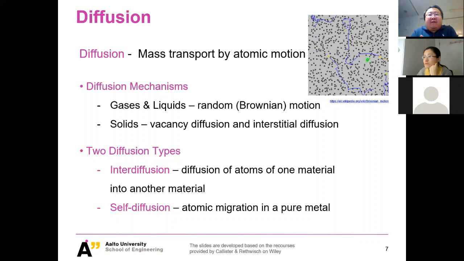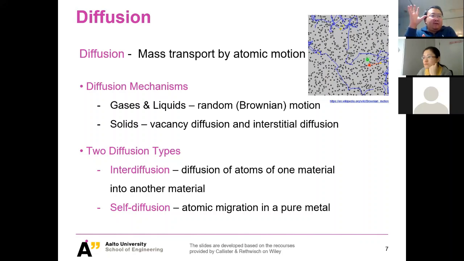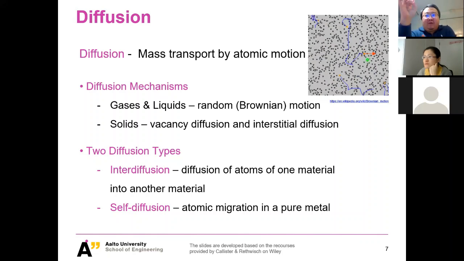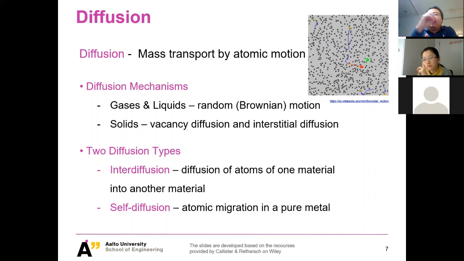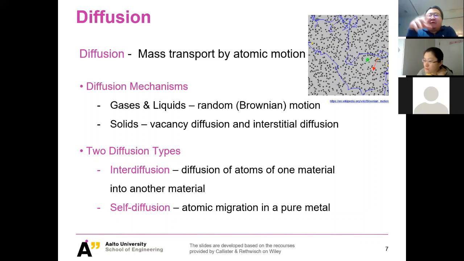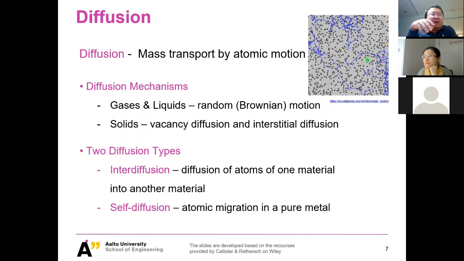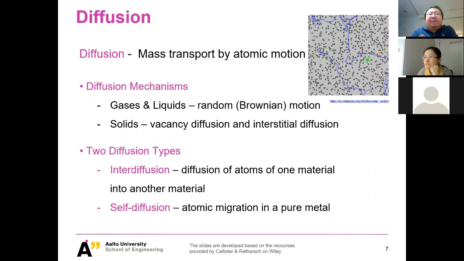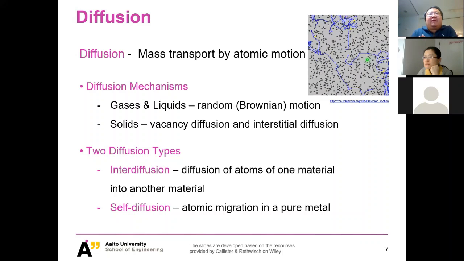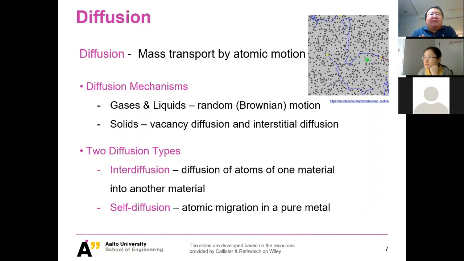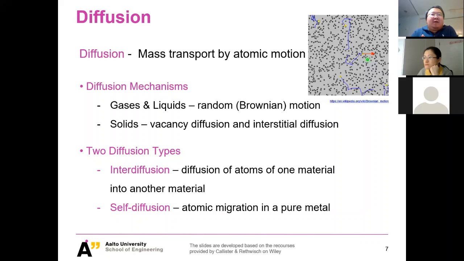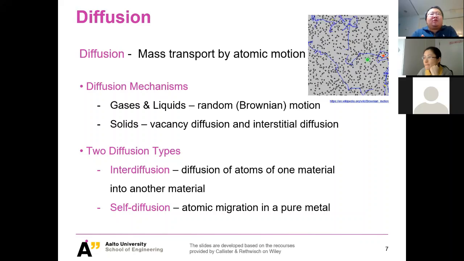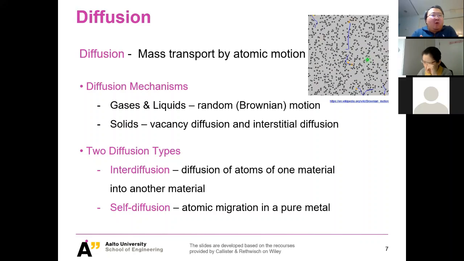And this is already something called diffusion, right? Because you put two items into a bunch of atoms, and suddenly they disappear, or they're moving around. And this is called diffusion. This is even one of the mechanisms of diffusion. So now you can understand that diffusion deep down is mass transportation by atomic motion.